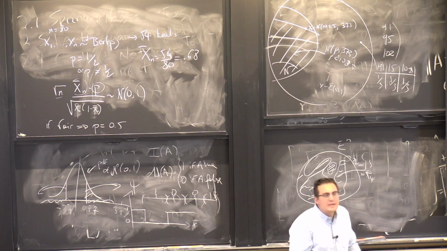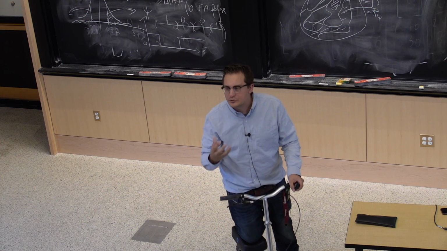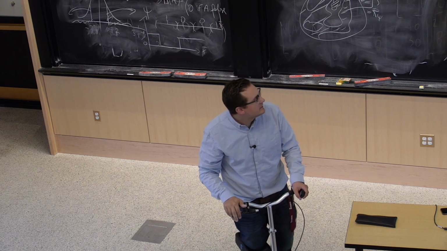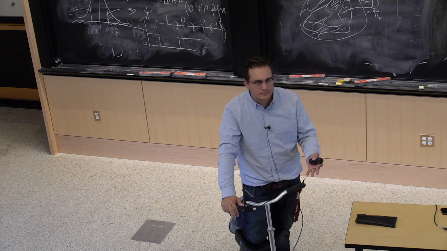So there's two ways you can make an error when there's a test. Either the truth is in H0 and you're saying actually it's H1, or the truth is in H1 and you say it's H0. And that's how we build in the asymmetry between H0 and H1, is that we control only one of the two errors and we hope for the best for the second one.